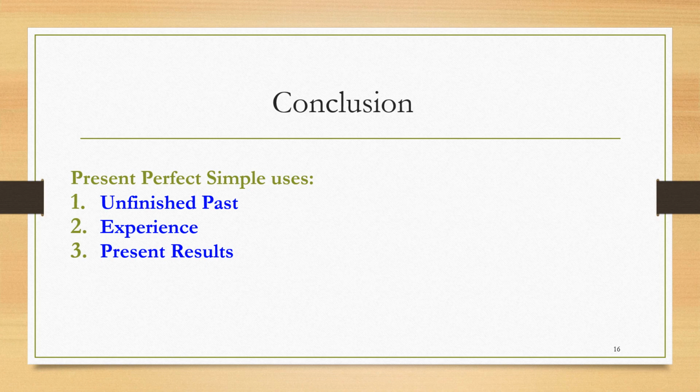So there are two different things that we can compare between present perfect simple and past simple. The first one you can remember is uncompleted or unfinished action. That's the part for present perfect simple, and the other part, finished or completed action in the past, you can use with past simple in here.